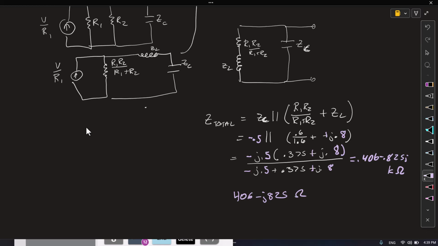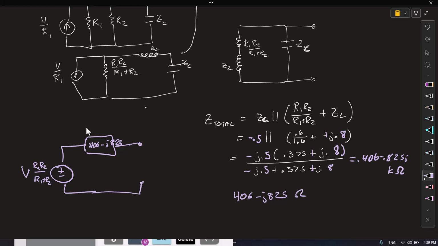I would have my V that we found before, times R1 R2 over R1 plus R2, and then I have this impedance that we just found, 406 minus j825.